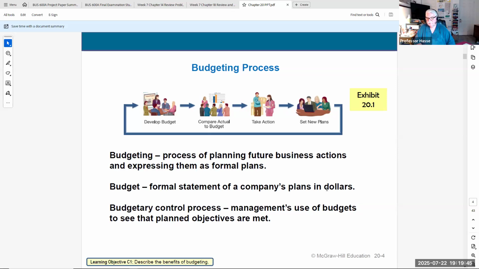Budgeting is a key part of managerial accounting because it allows you to plan for future business actions and express them, get them out there, have different eyes on them, different people to see them. It's a formal statement of a company's plans in dollars. What do we propose to do? Revenues, expenses. And why is that important? Because if a company is not organized to plan efficiently, you're not going to get any money. You're not going to have any investors. You're not going to have a viable, sustainable business if you don't plan.